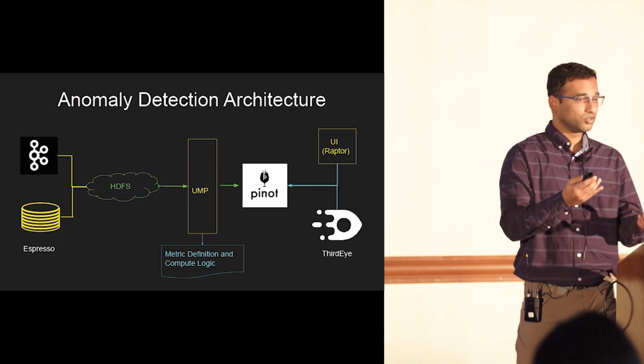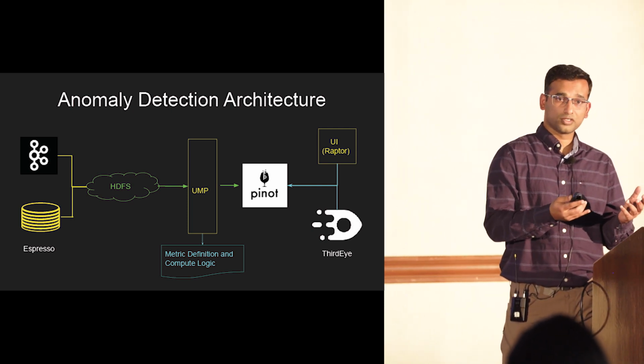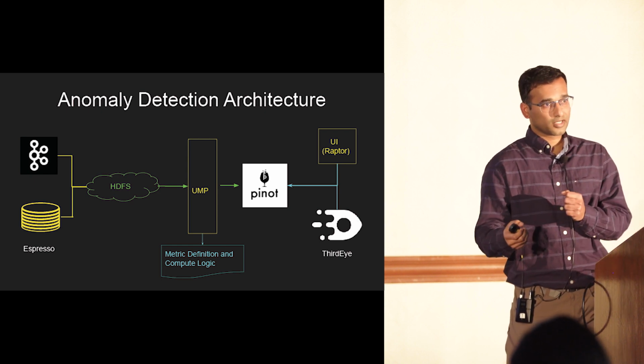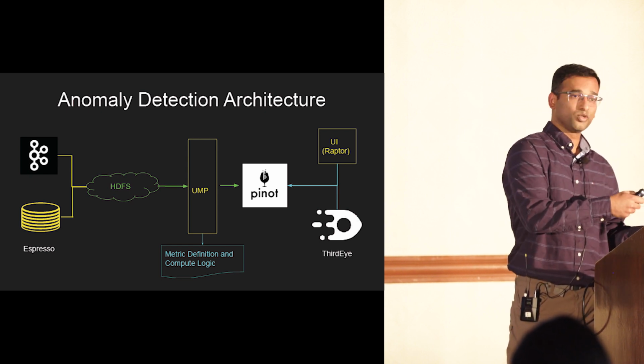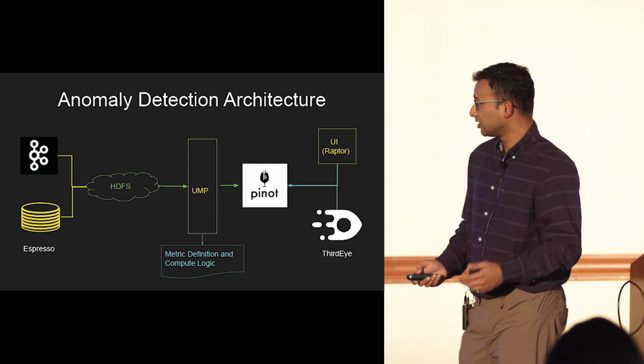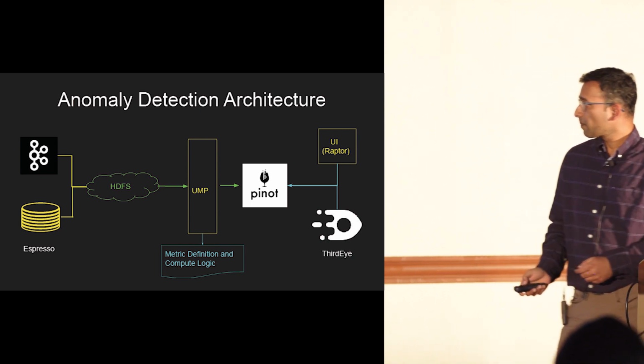So you don't have to operate all these different systems, and there is no data inconsistency, like, oh, I detected an anomaly in this, but now when I go and look at the data, it's something completely different. So all those operational challenges are removed.